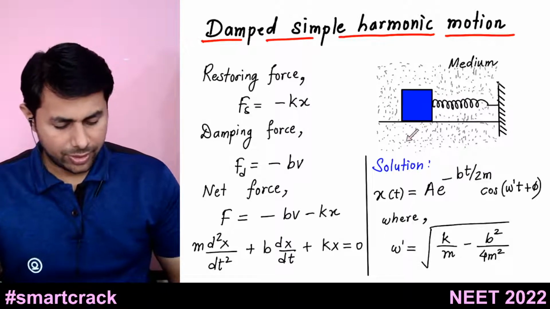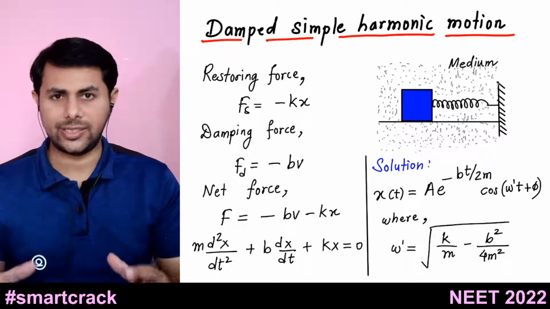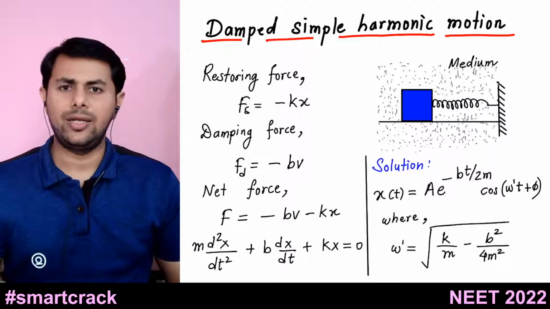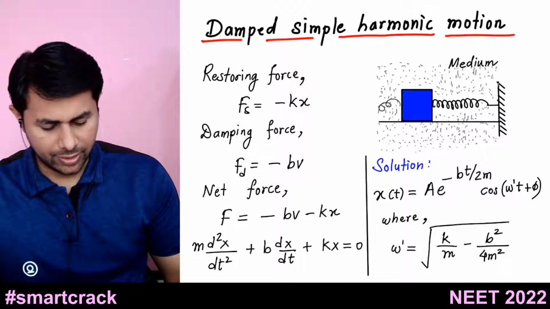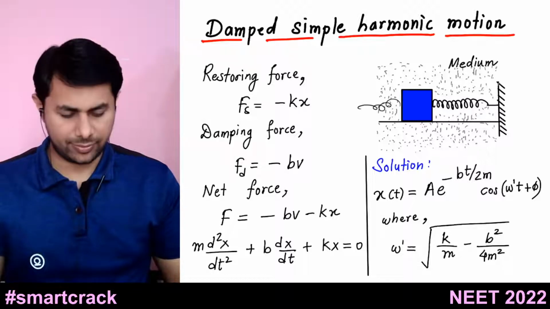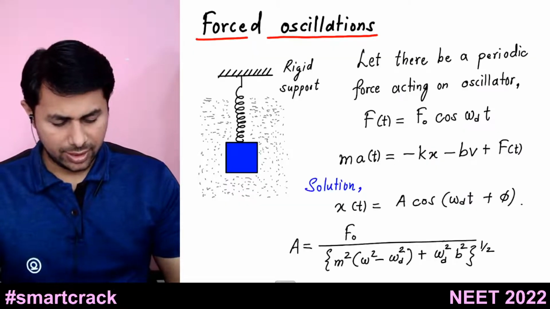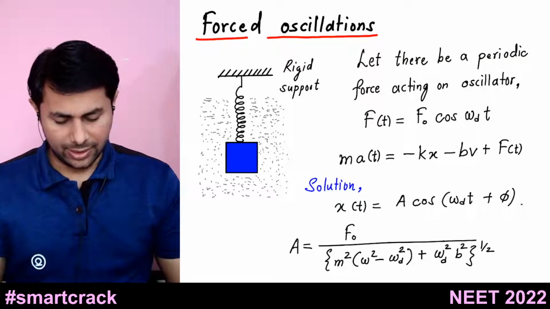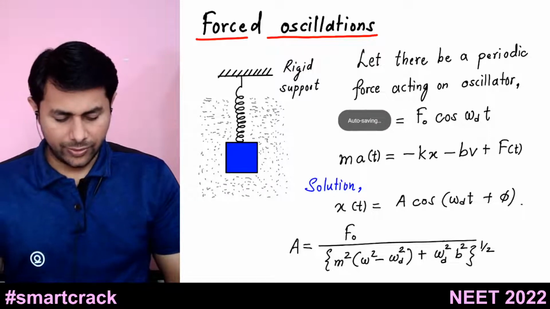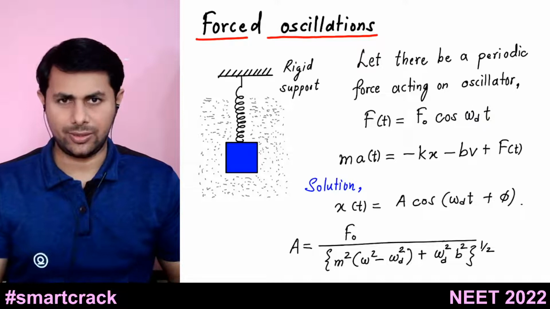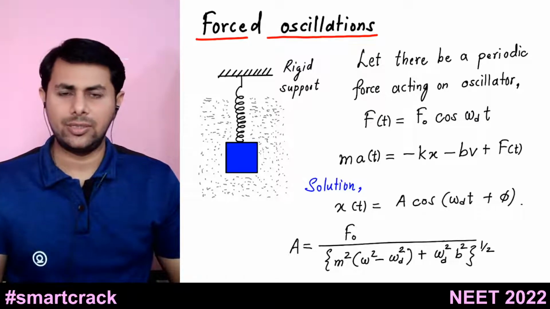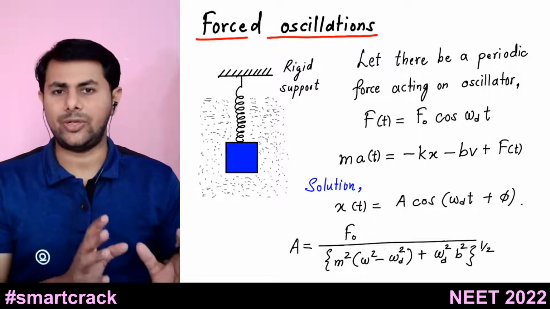There is the force due to the medium, which is resisting the oscillations, and you are pulling it with a periodic force, exerting an extra force. Then the motion you get is known as the forced damped simple harmonic motion. If you remove the medium, then it will be forced simple harmonic motion.